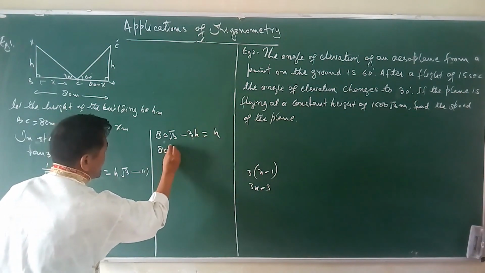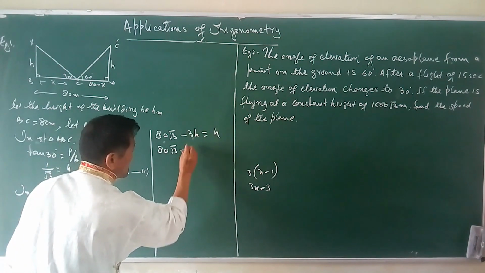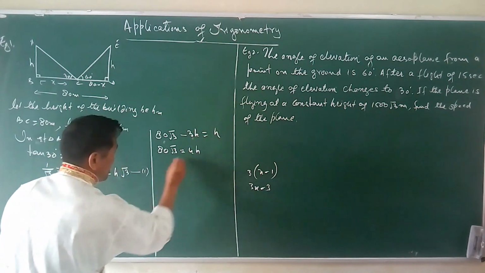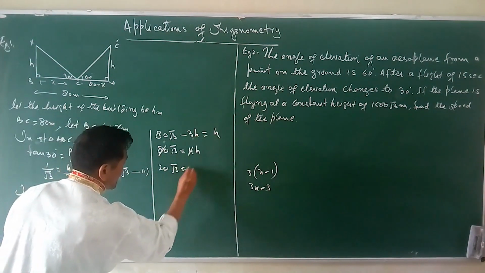So 80 root of 3 is positive, and 3h moves over, so 4h. 80 root of 3 equal to 4h, so 20 root of 3 equal to h.